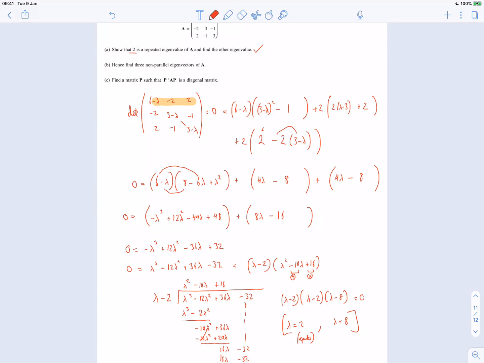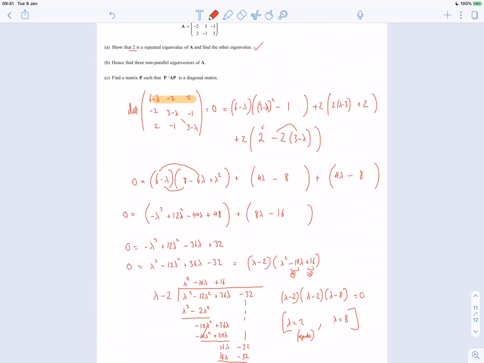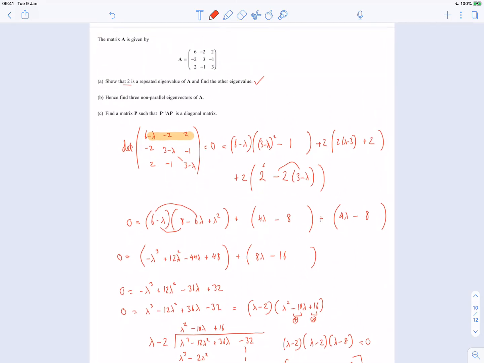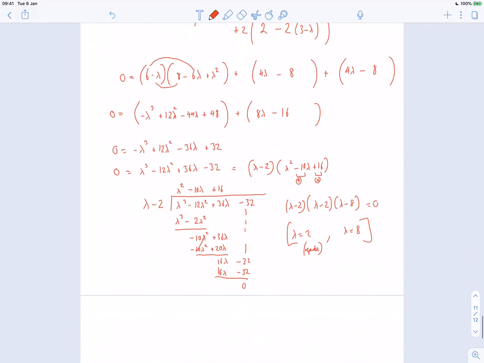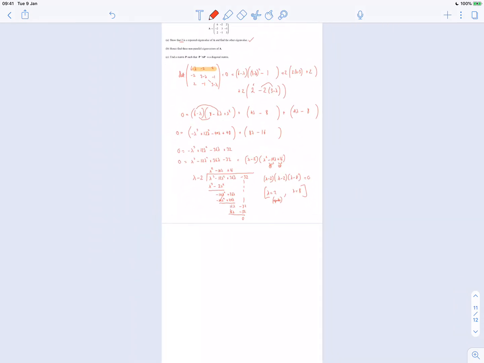Hence find 3 non-parallel eigenvectors of A. Right, so let's just plug in. Because lambda 2 is repeated, I'll get to it in a second. Let's do the lambda equals 8 business. So same deal. If I subtract 8 from the diagonal, the matrix I'm going to get is 6 minus 8, which is minus 2, minus 2, 2.